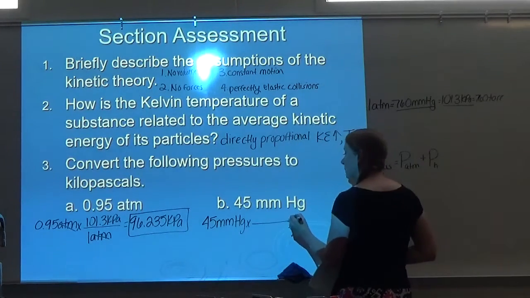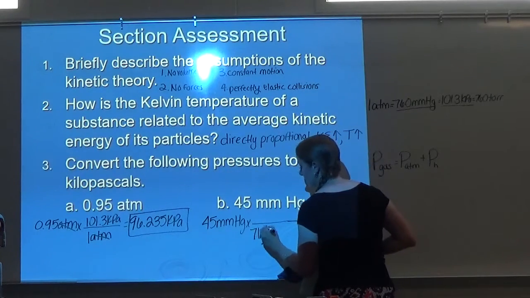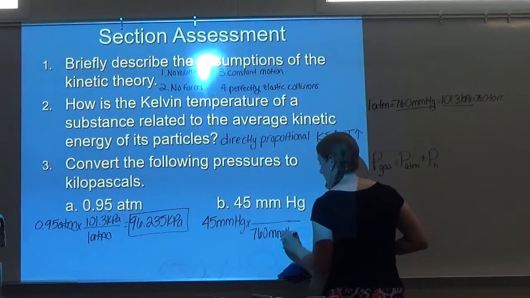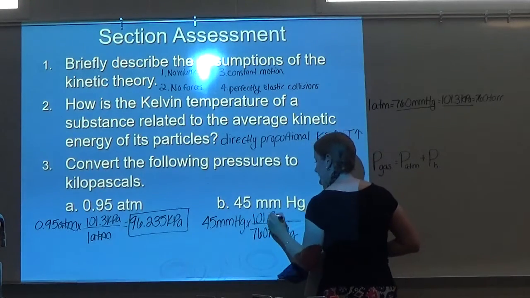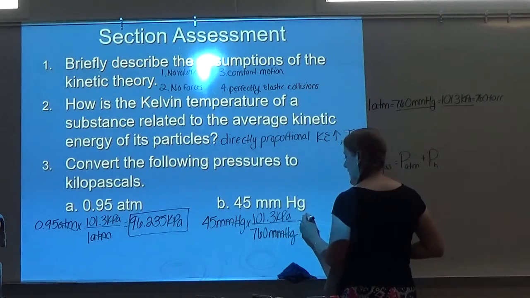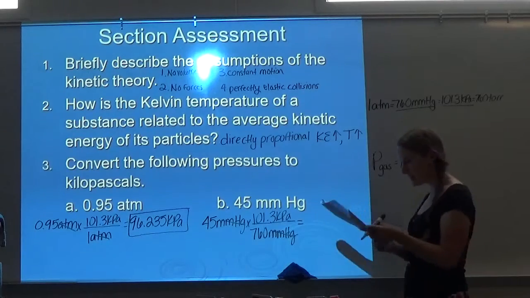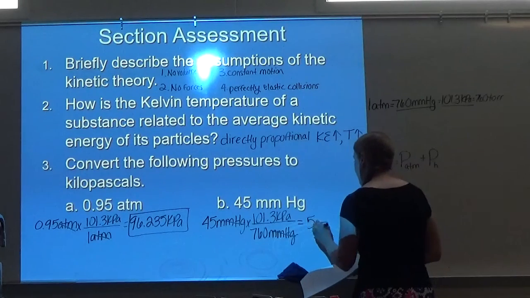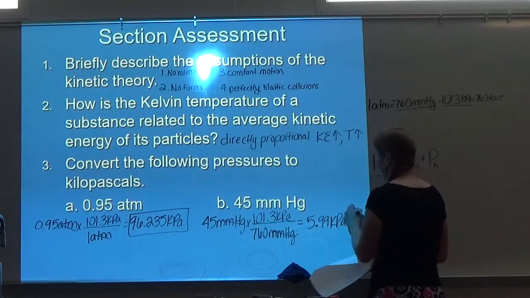Since millimeters of mercury is on top, I'm going to put 760 millimeters of mercury on bottom. And that equals 101.3 kilopascals. So our millimeters of mercury cancel. And then I multiply my top two numbers and divide by the 760. And I get about 5.99, which you're more than welcome to round to 6, kilopascals.